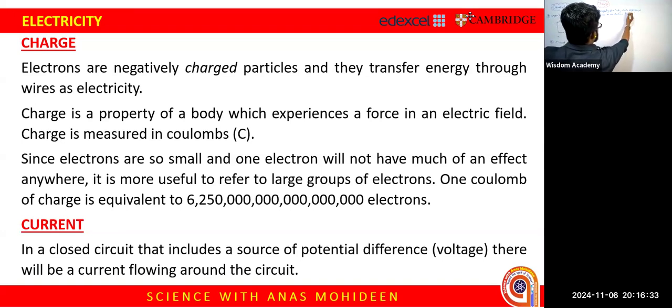Some of them are negative charges, some of them are positive charges. So here, electrons are negative charges, right?